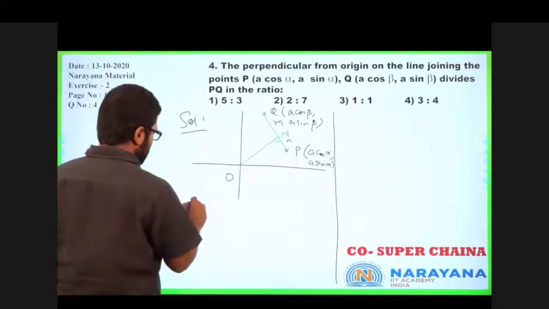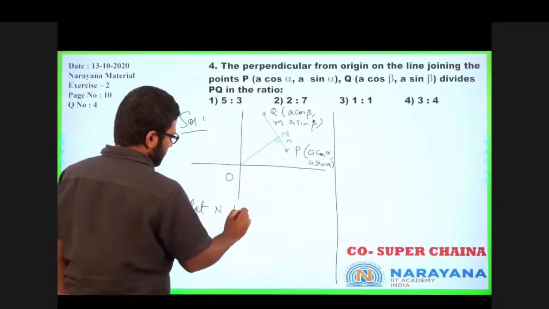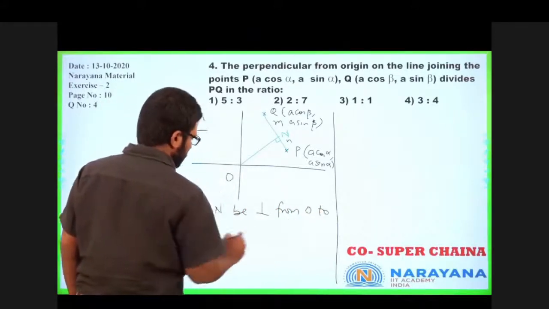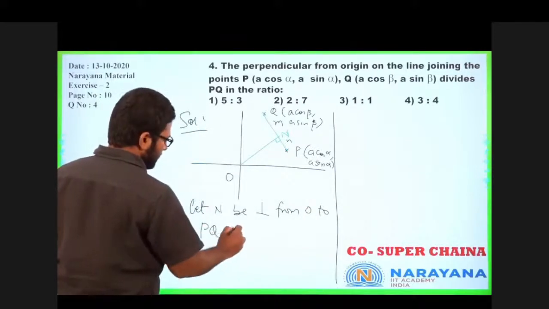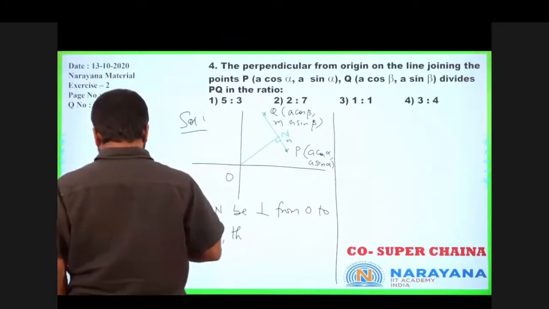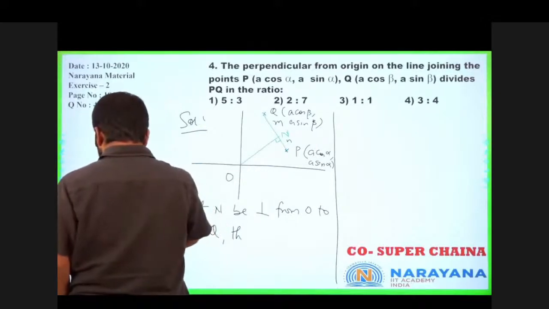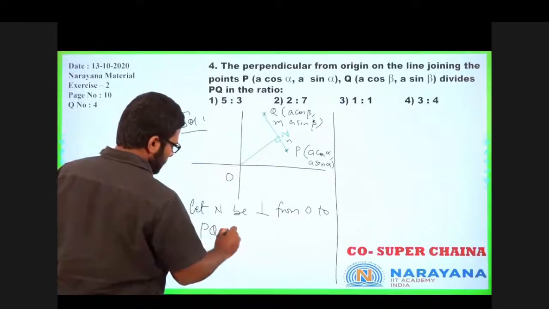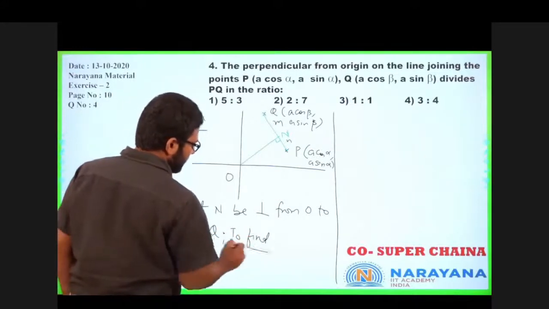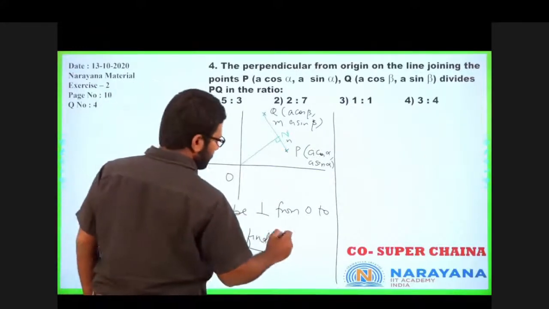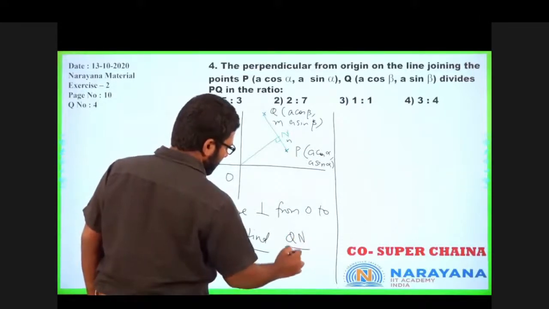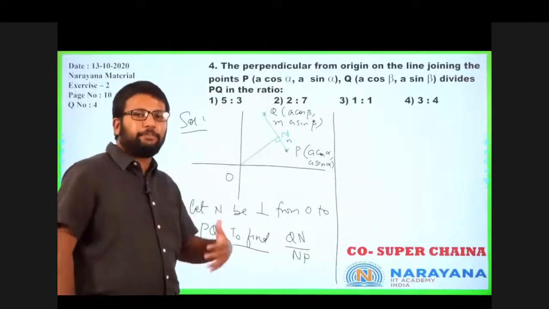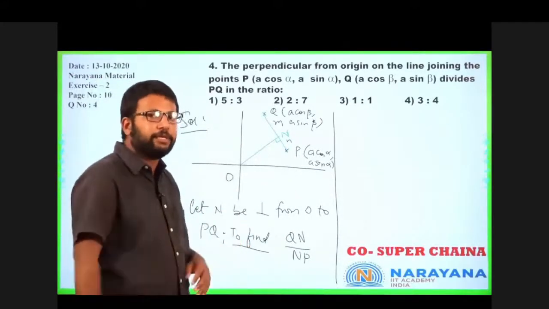So let N be the foot of the perpendicular from O to PQ, right? And what do we need to find? PN by NQ.